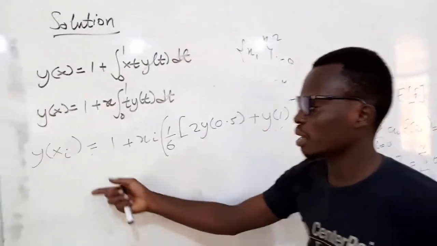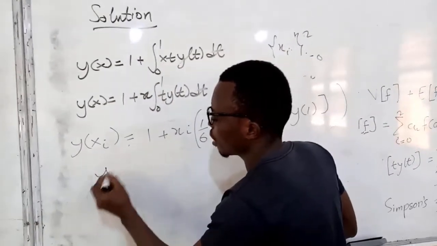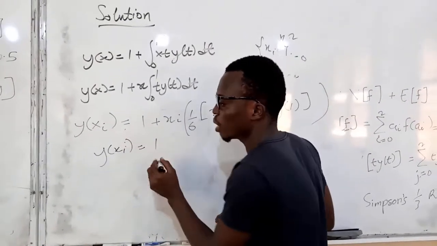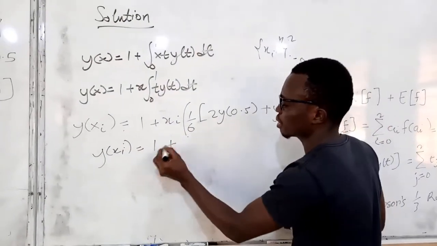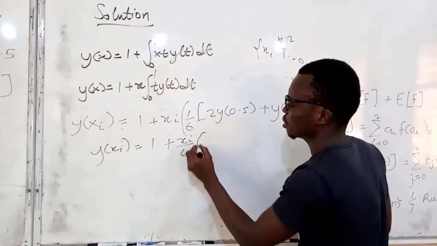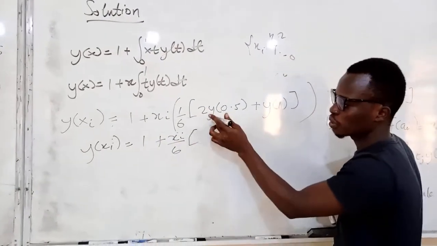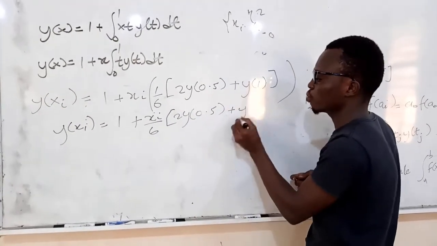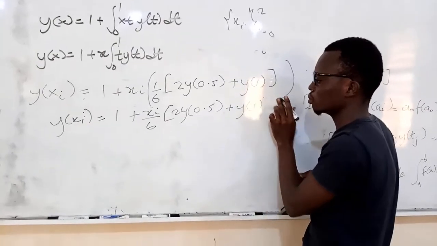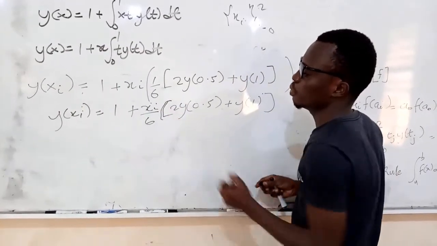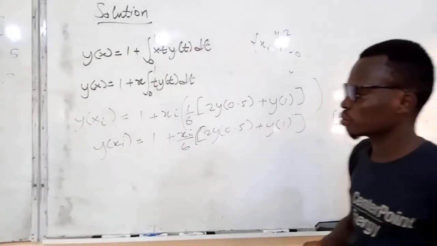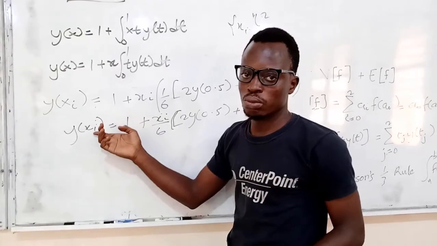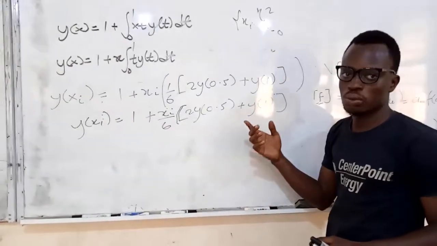Here y of s_i equals 1 plus s_i divided by 6 into bracket 2 of y of 0.5 plus y1. Now you need to look for our iterative solution, and our iterative solution needs to end at 2, since we have n equal to 2.